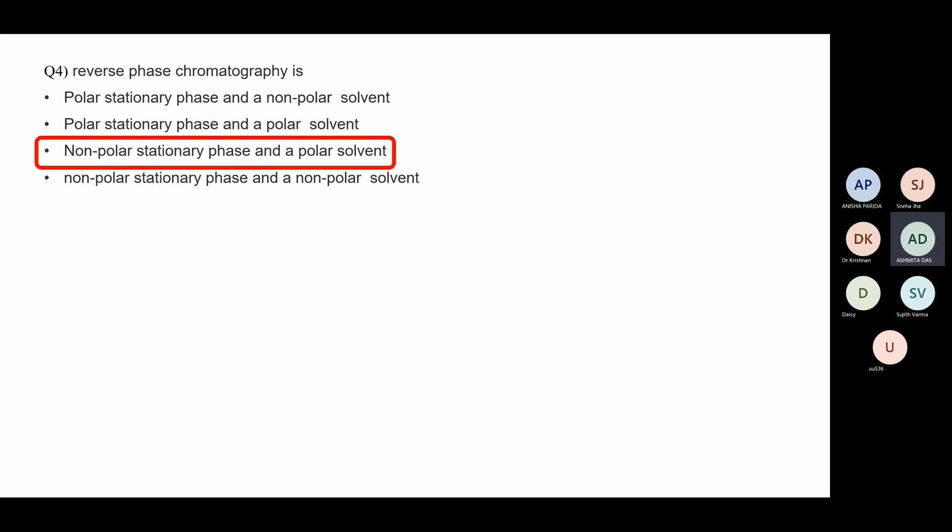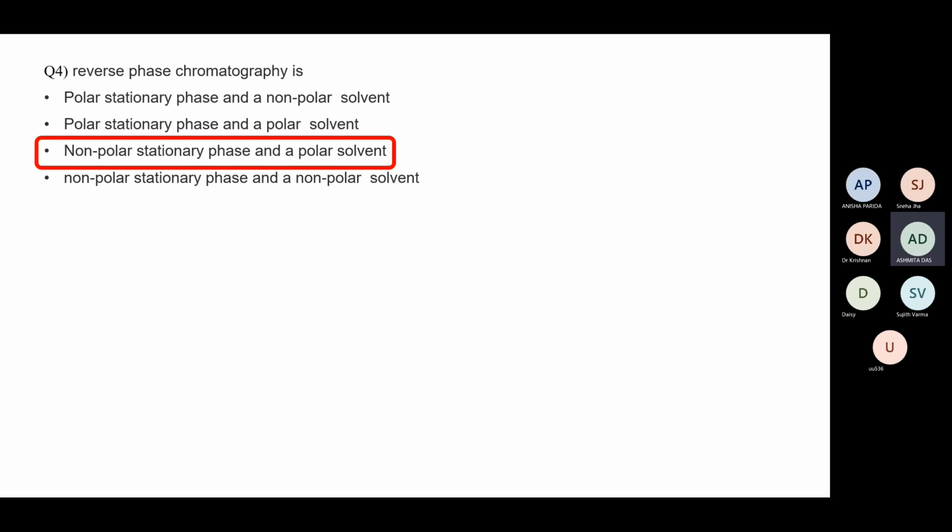So for reverse phase chromatography, what is the correct answer?